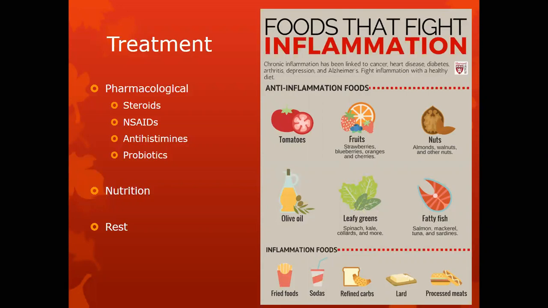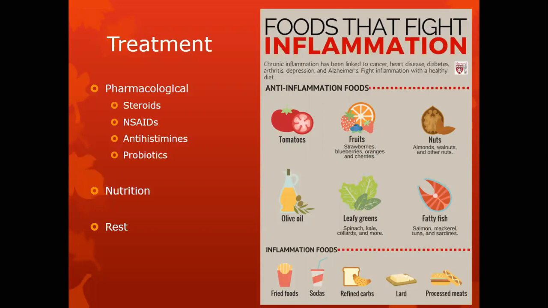NSAIDs, or non-steroidal anti-inflammatory drugs, that category of medications can also be used to decrease inflammation, but they can often be overused and cause problems with the GI tract. So they're not usually recommended for long-term use. If you're experiencing inflammation in the GI tract, you can use probiotics to maintain normal flora of bacteria there.